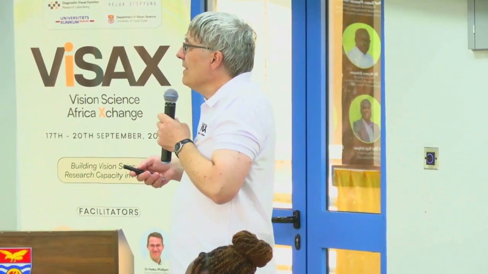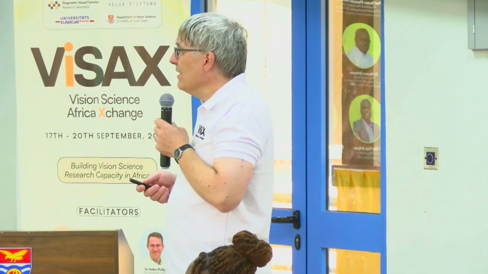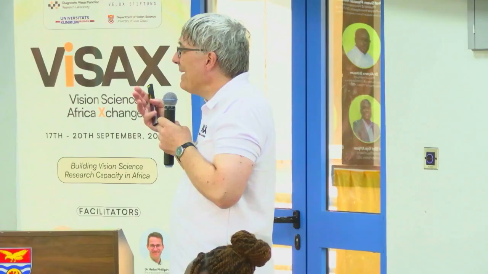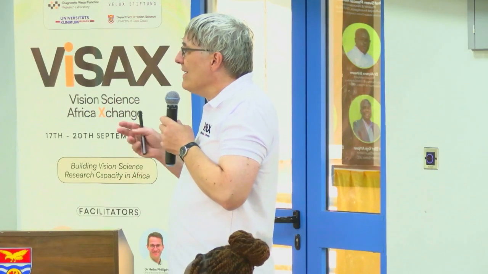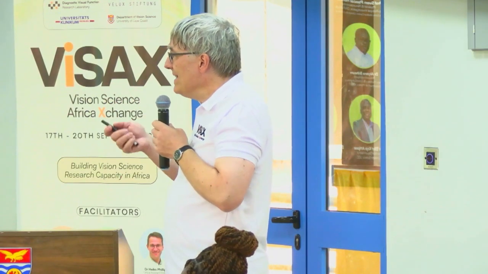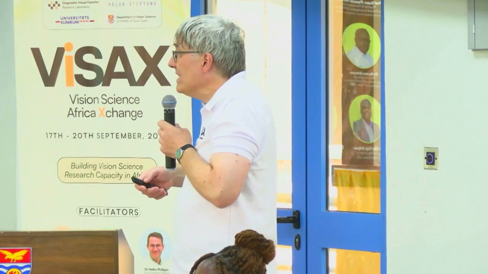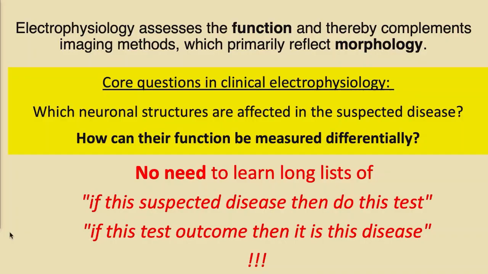And the core question is, what neuronal structures are affected in the suspected disease, and how can their function be measured differentially? Those are basically the questions one needs to ask when doing electrophysiology. My opinion is you don't need to learn a long list of things like, if this disease is suspected, then do this test, or if you have this outcome, then it is this disease.